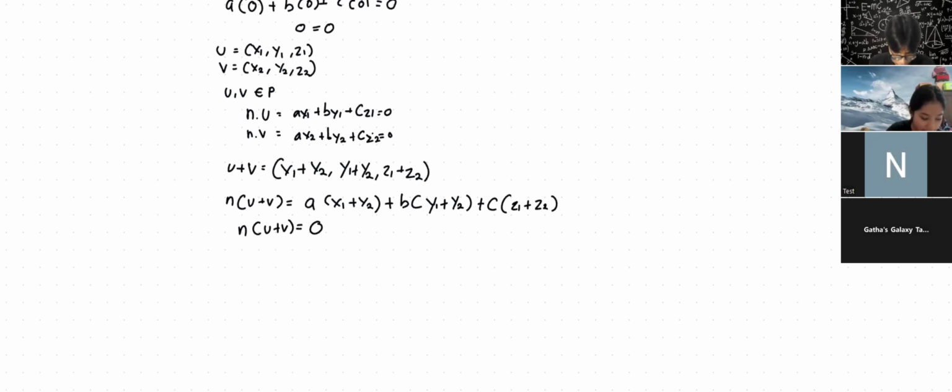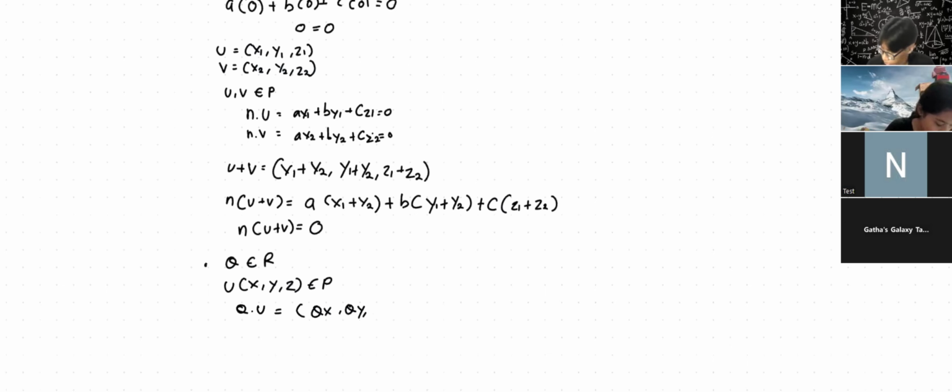Now, let's take a random point, which is Q. This is a random scalar from R, and U is (x, y, z), which is still an element of P. Now, let's check Q multiplied by U. We're checking for the scalar multiplication right here. Just multiply Q into XYZ like this, and then operate it with N. Again, do the same thing.